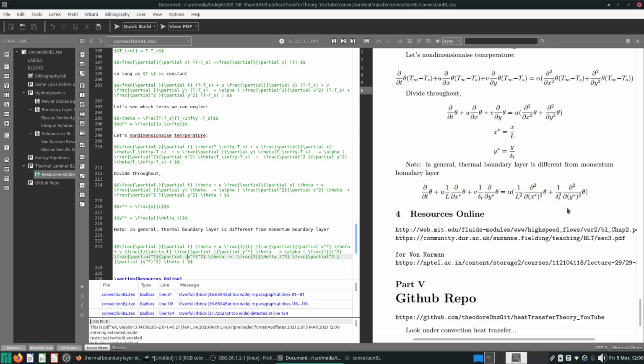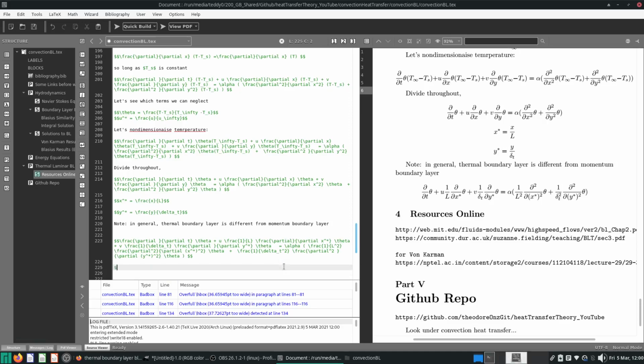Okay, so now we take a look. We have u over L, and of course we can actually change this into a u infinity term. Let's put this back. U star equals u over u infinity.